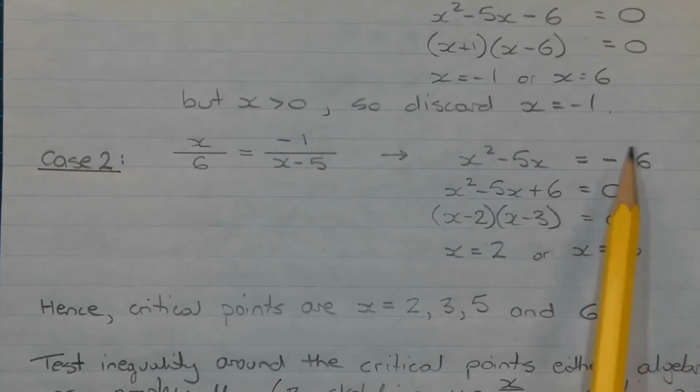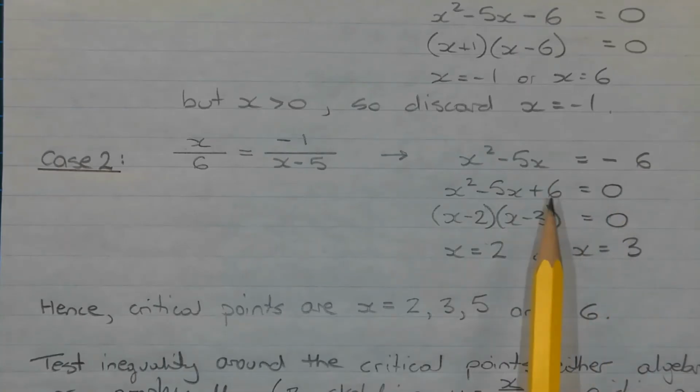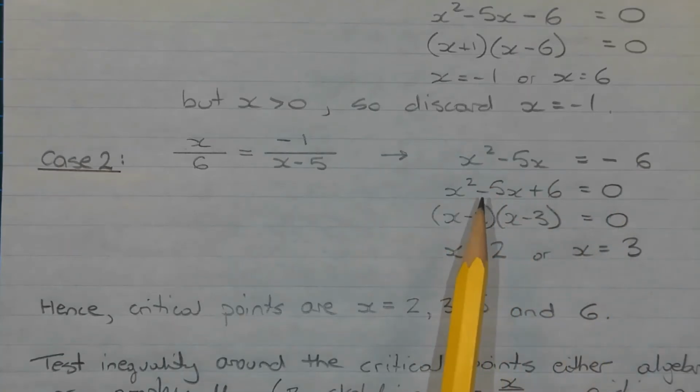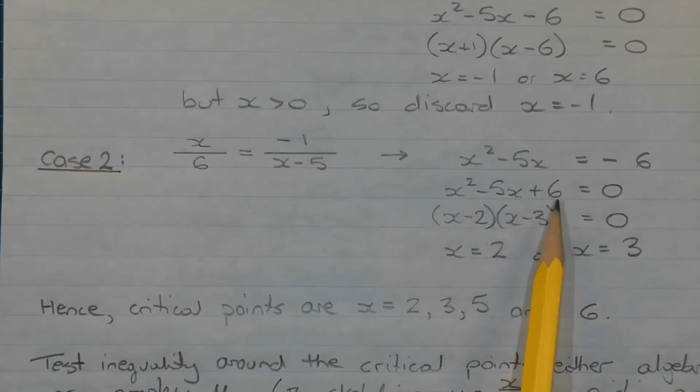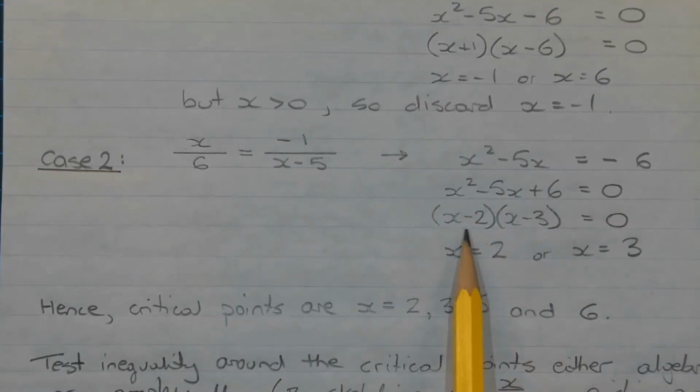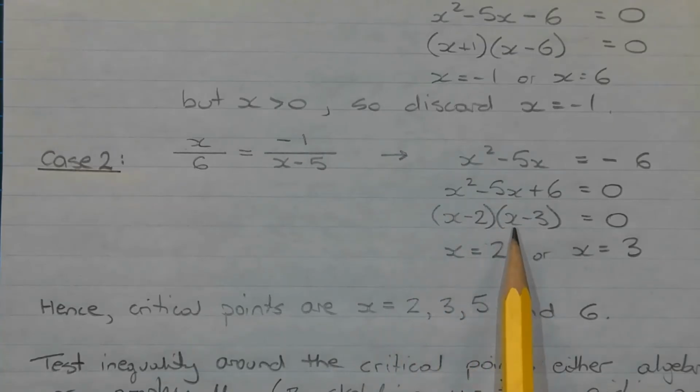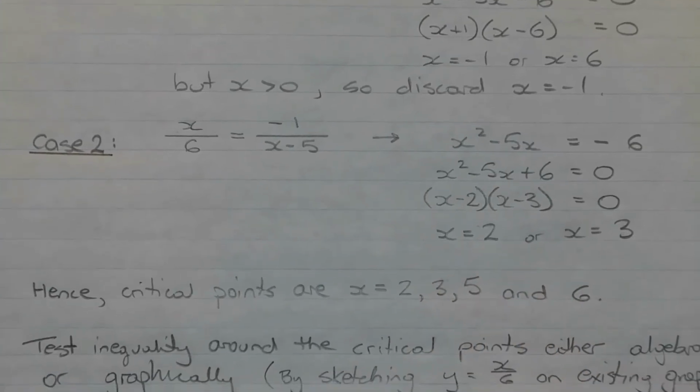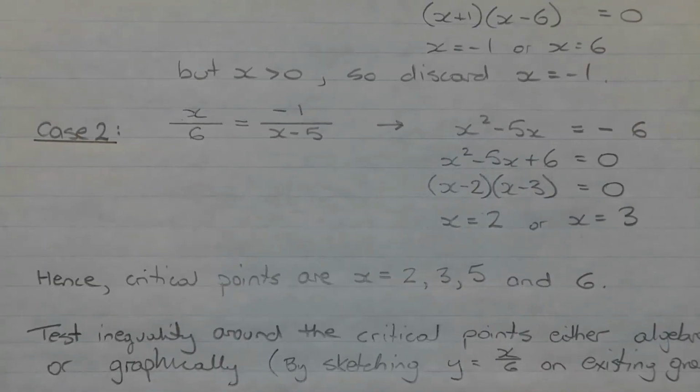Moving the negative 6 over to the left-hand side becomes positive 6, so we form the monic quadratic equation x squared minus 5x plus 6 equals 0. That factorizes to (x minus 2)(x minus 3) equals 0, and by the null factor theorem, we get x equals 2 or x equals 3. Hence, the four critical points are x equals 2, 3, 5, and 6.